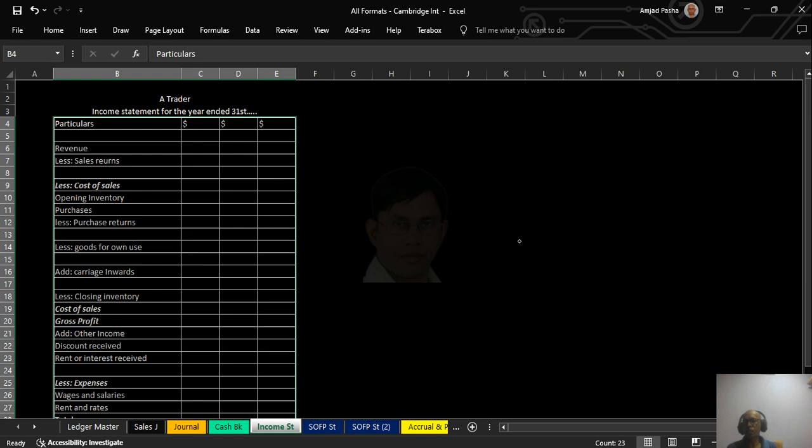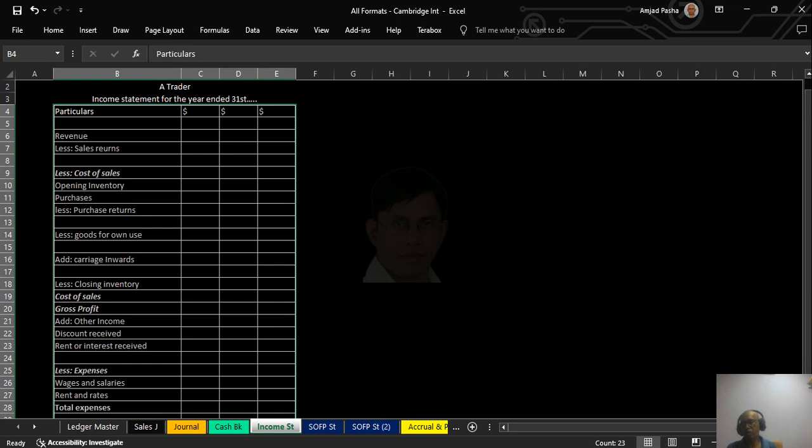All the headings are very important. You have to write the trader's name, whose income statement it is, and that it is an income statement for the year, the particular period you are recording the statement for. Then the particulars and the currency, whether it is dollars, yen, or pounds. Then you have to write it in this detailed order. This requirement is as per the standards.